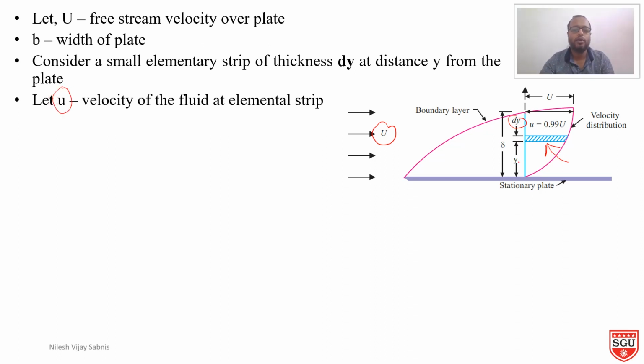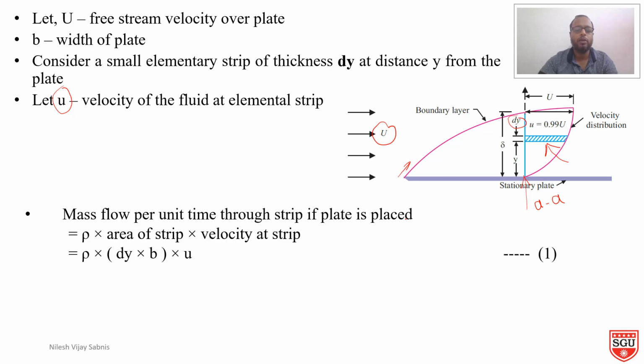Here you can observe the boundary layer is formed. Due to that boundary layer, the velocity gradient is generated. Consider one section here, AA. At that section, velocity is changing like this. From the plate at distance y, there is one small strip which has thickness dy.